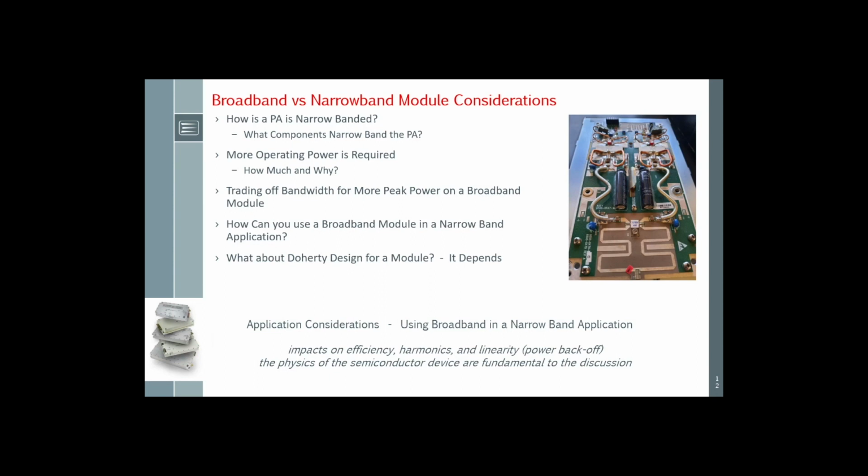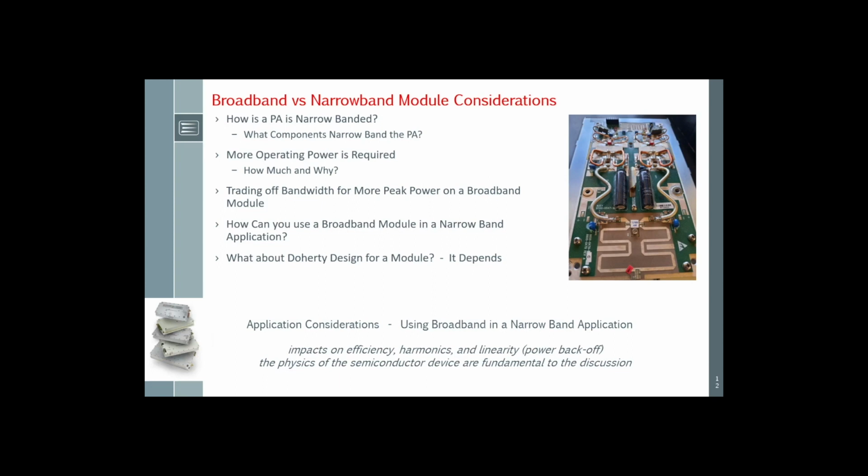In our world of power amplifier design, it's important to know that a broadband amplifier usually has less efficiency and less power than a narrowband one. So for a device that's defined as a 500 watt device, you need to be careful to see if it will give you 500 watts in the whole band or 500 watts in a narrow band.